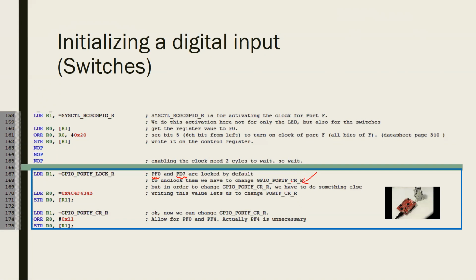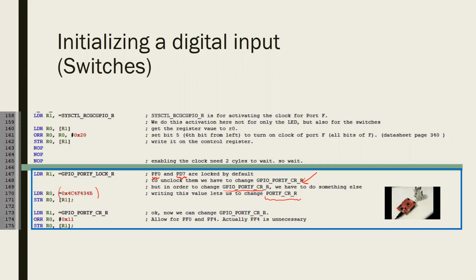But to change this register, the architectural mechanism requires you to do something beforehand. So before being able to change this register, you have to change this other register, guys. It's another register, and you have to write these values to it.